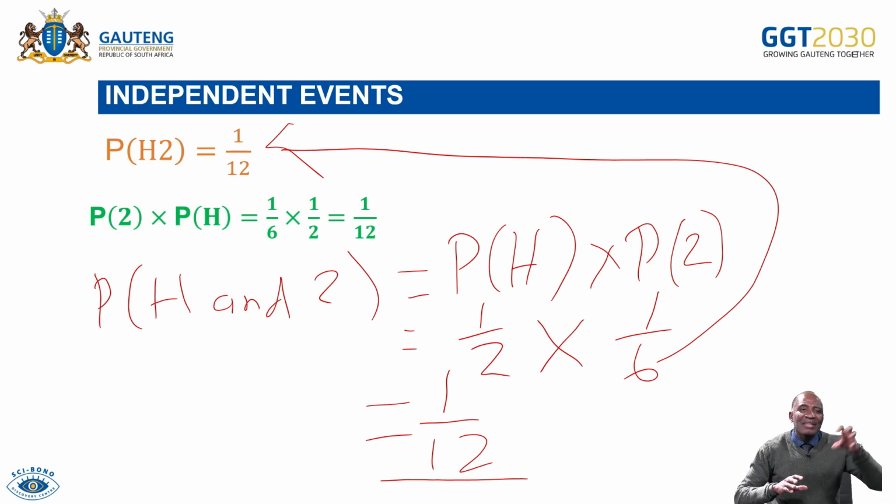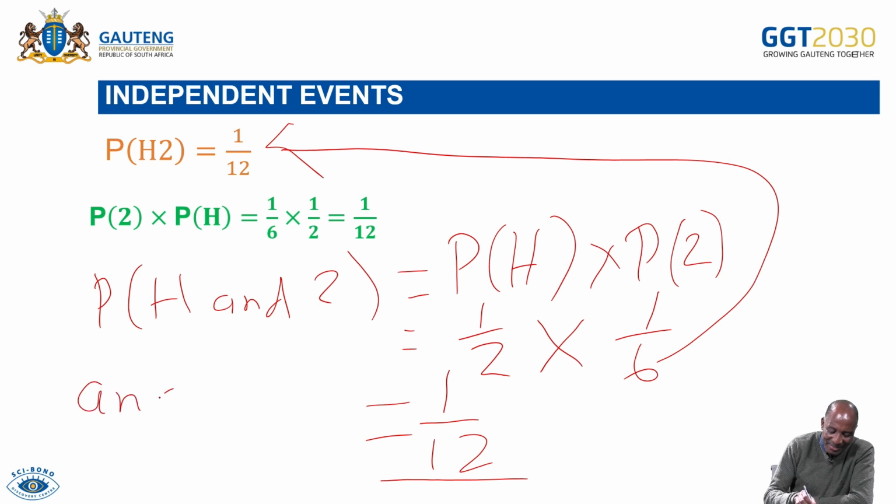So if I find the probability of a 2, it gives me 1 divided by 6. If I find the probability of a head, it gives me 1/2. But when I multiply those two, the result gives me the same answer that I obtained earlier on. That alone indicates that the connection 'and' in probability is a multiplication sign.